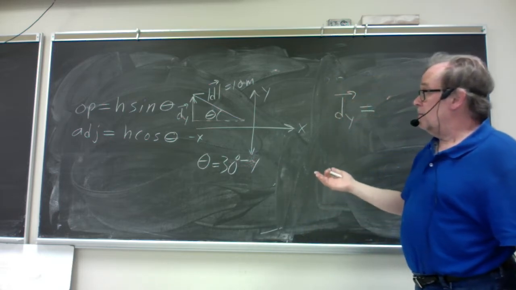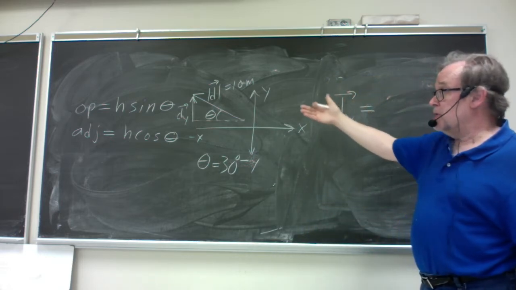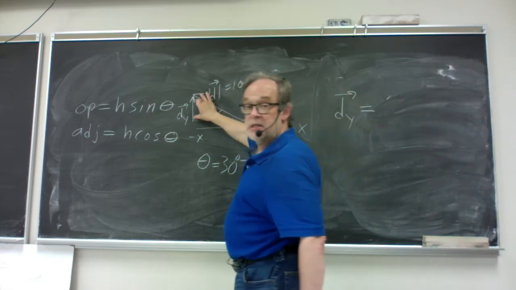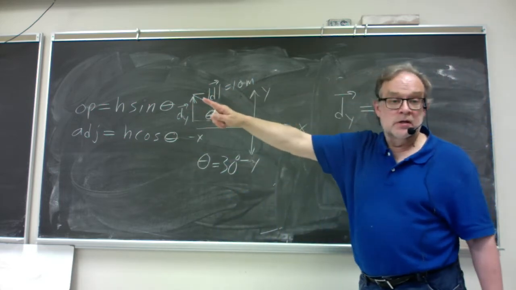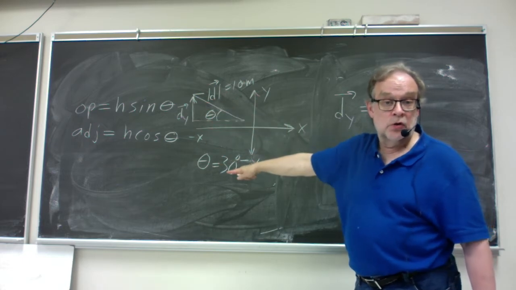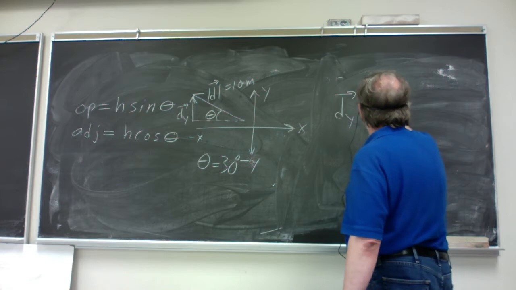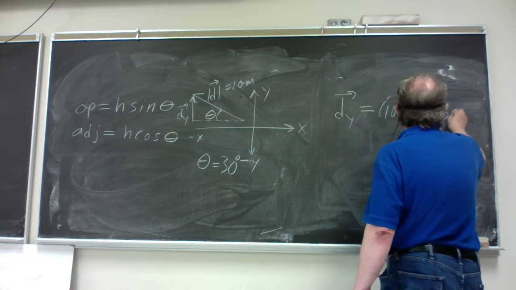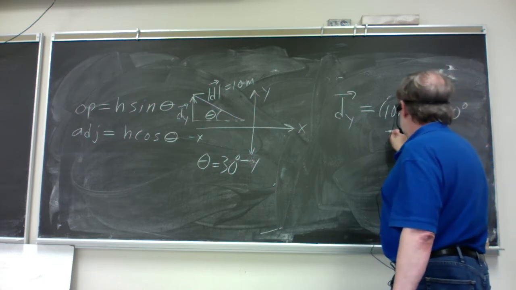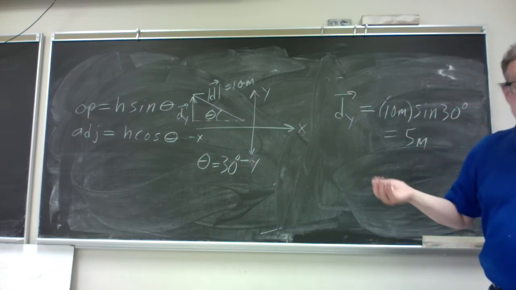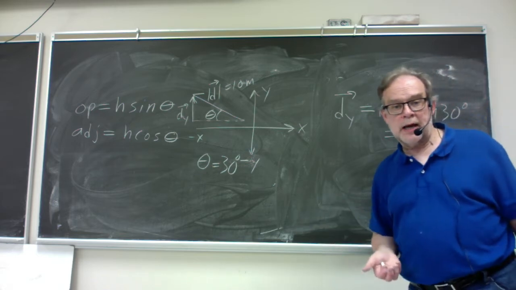And so its value is just going to be the same as the length of this opposite side, which is hypotenuse times sine of the angle, 30 degrees. So hypotenuse of 10 meters, sine of 30 degrees, and that comes out to 5 meters. Sine of 30 turns out to be exactly 1/2.